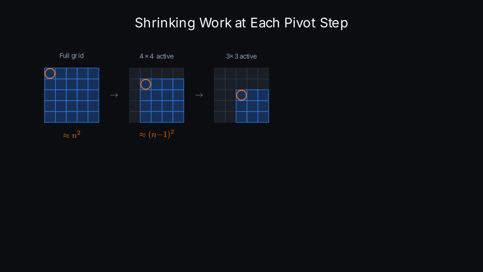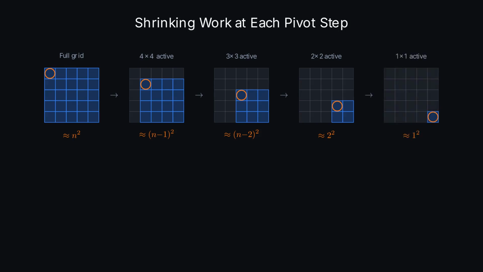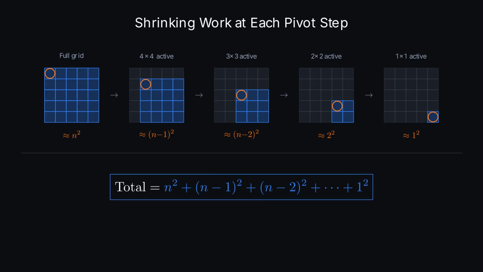The third step costs approximately (n-2)². Each step shrinks the active region by 1 row and 1 column. This staircase of shrinking work continues all the way down to a single 1-by-1 block. So the total cost is approximately n² plus (n-1)² plus (n-2)², continuing all the way down to 1².